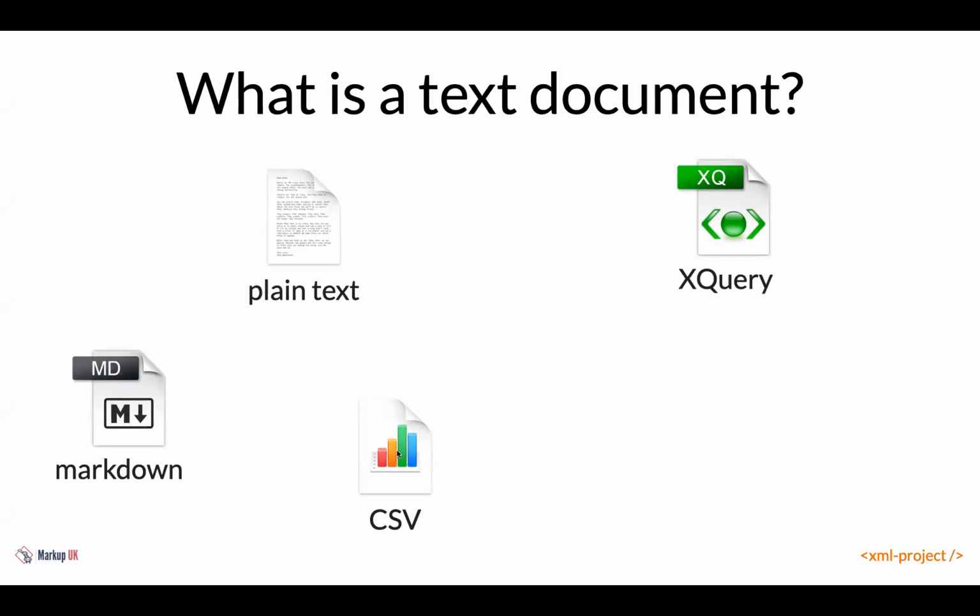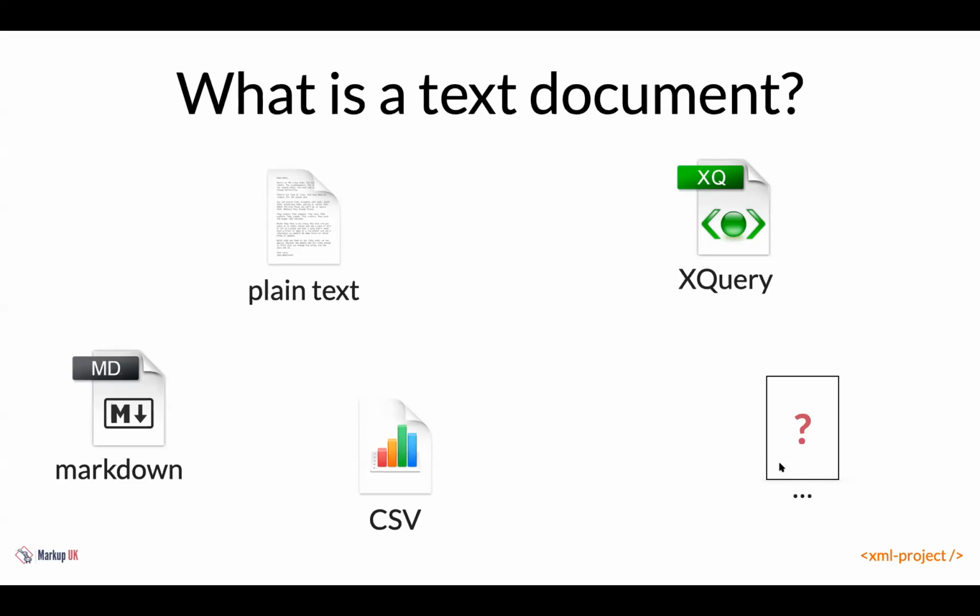Then we all deal, or most of us will deal, a lot with CSV documents, where you have a table which is line and column separated to encode the cells. We have XQuery over here, and of course there may be some other text document type which is important to you.